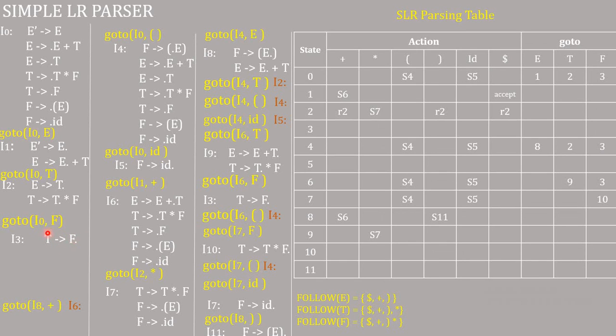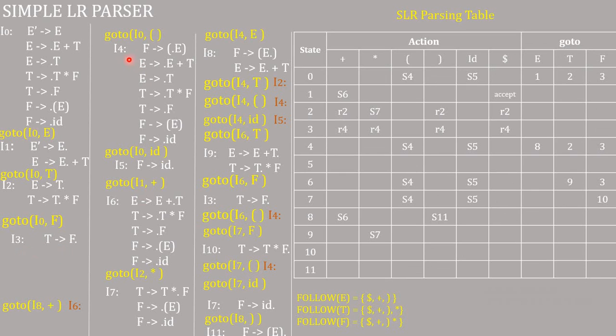You are going to reduce by using T tends to F, which is the 4th production. So you can just mention R4 in the dollar column, plus column, open bracket column, closed bracket column and star column. Like this we can apply.